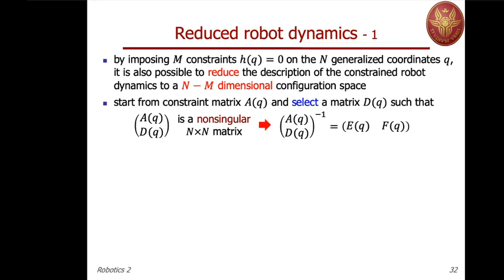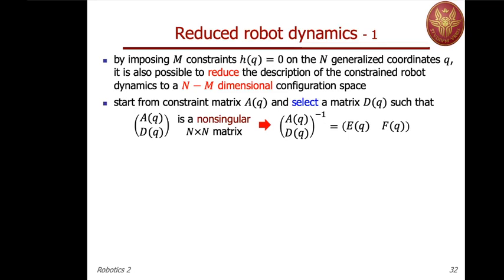So additional n minus m rows, as a function of q in general, and this matrix will be labeled D of q, in such a way that the n by n matrix A of q, D of q is non-singular, at least for a certain range of values of q. This choice is not unique indeed, and it's the most critical step in this modeling.